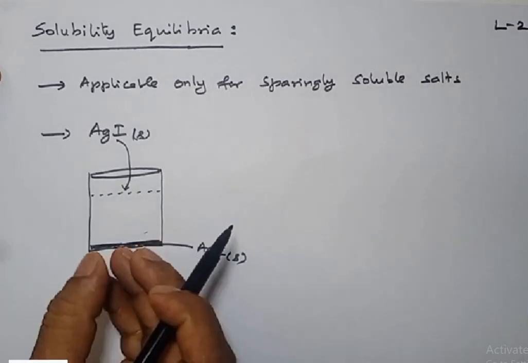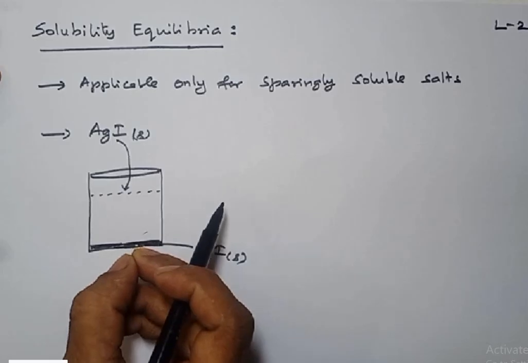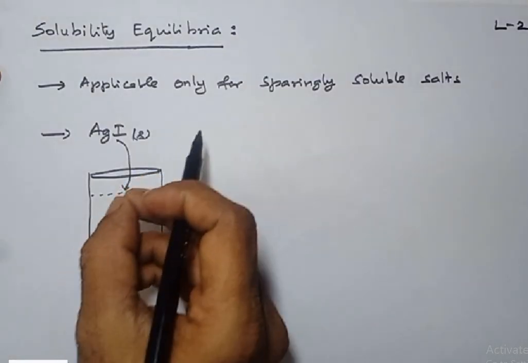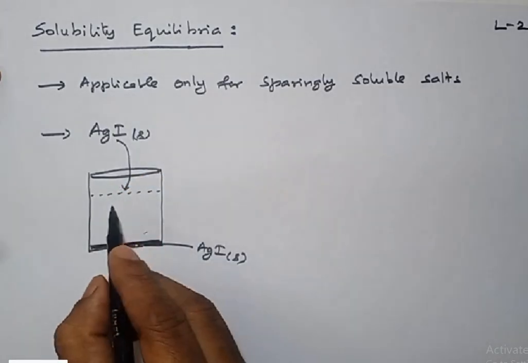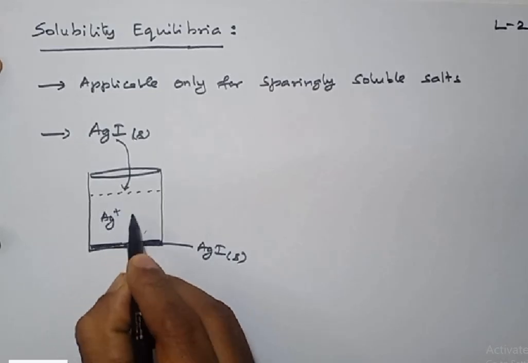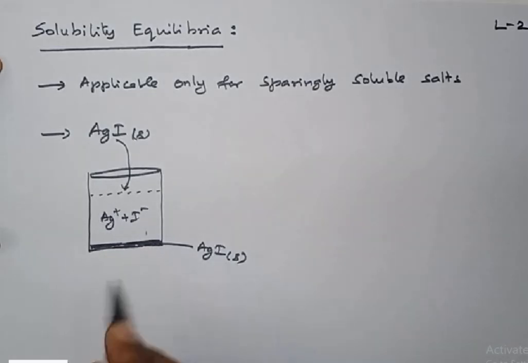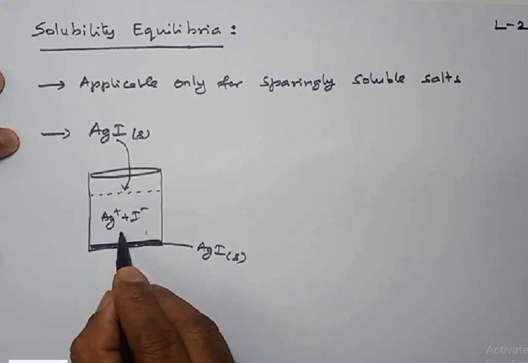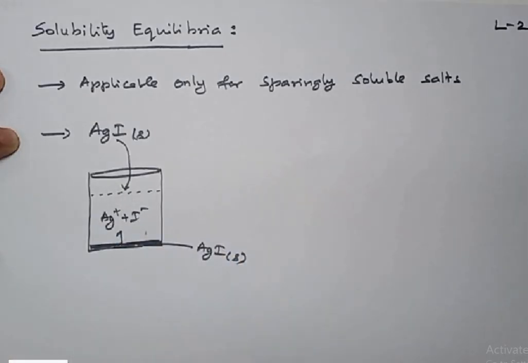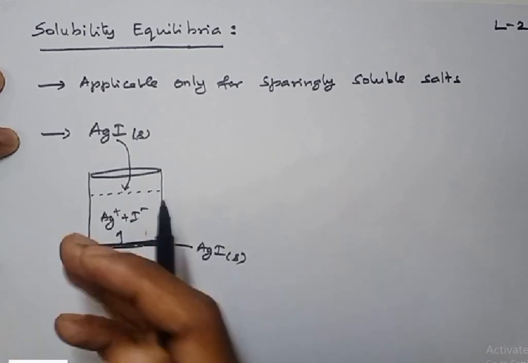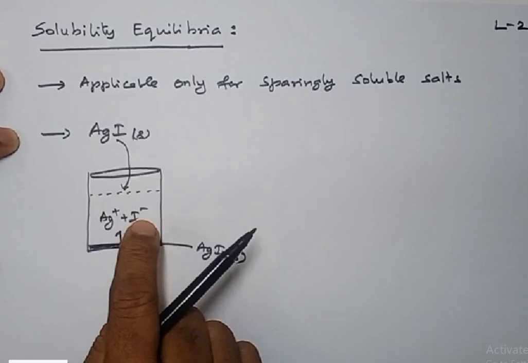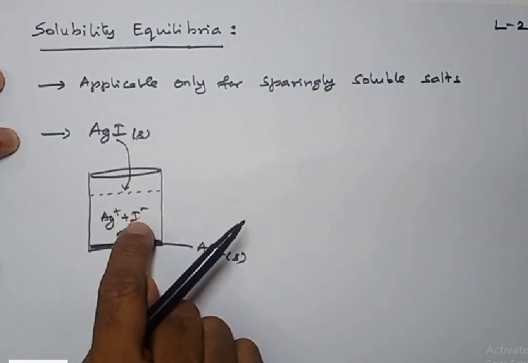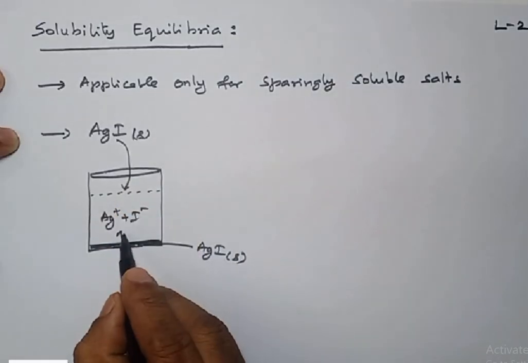And from this solid, a small amount of silver iodide dissolves in water and forms silver ions and iodide ions. As time progresses, the silver ions and iodide ions start to combine and form silver iodide back.